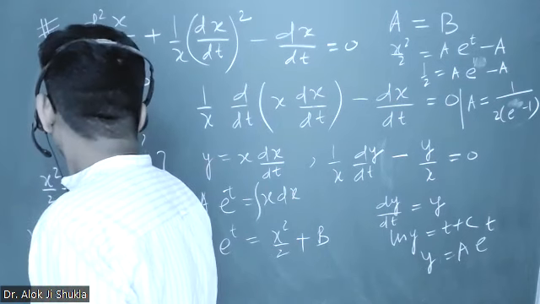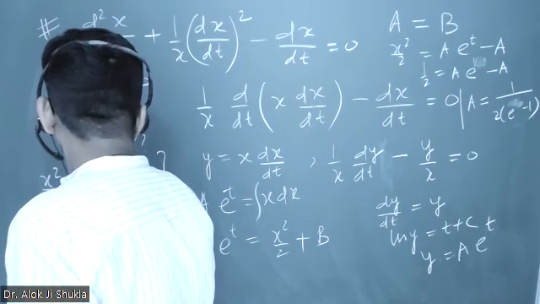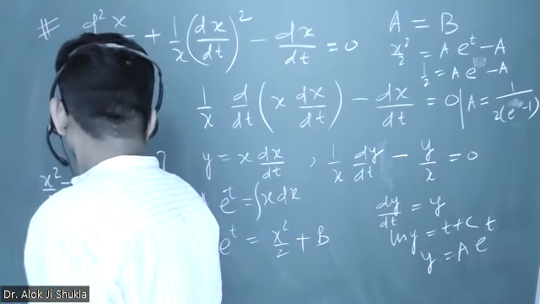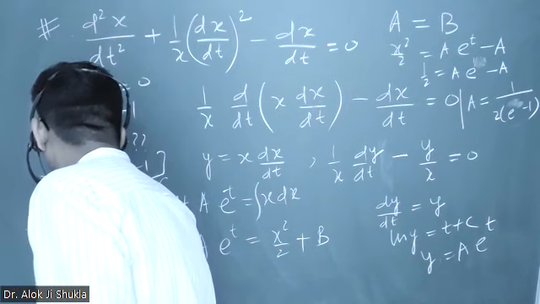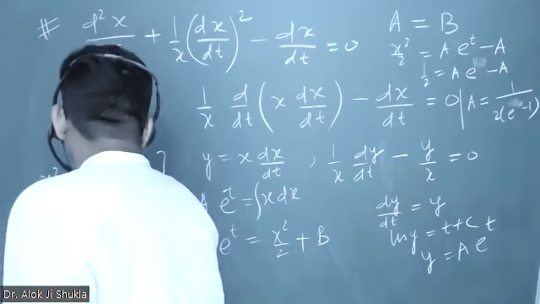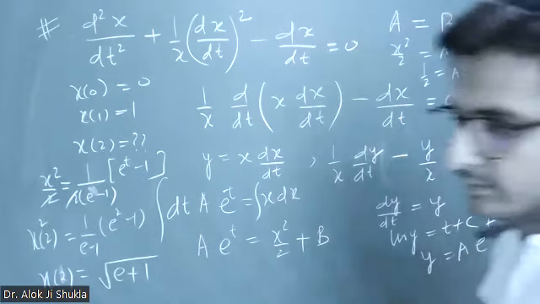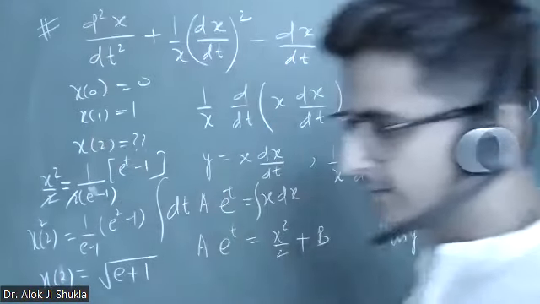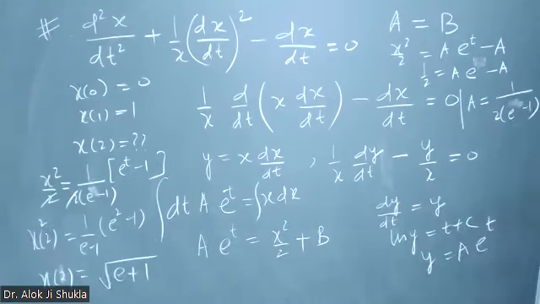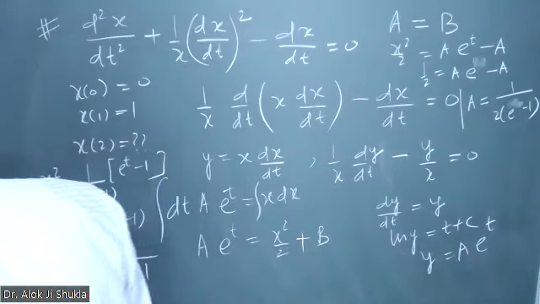So x at 2 square will become 1 upon e minus 1 e square minus 1, which is x at 2 will become under root of e plus 1. See this. समझ आया सबको? यस सर. Yes, sir.